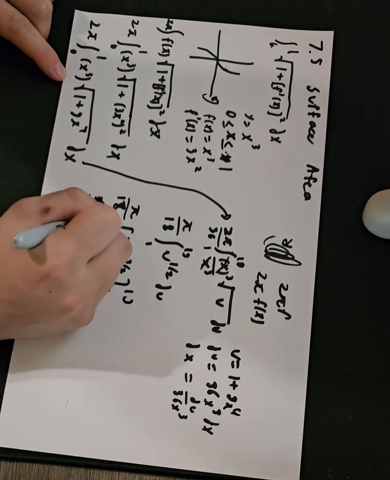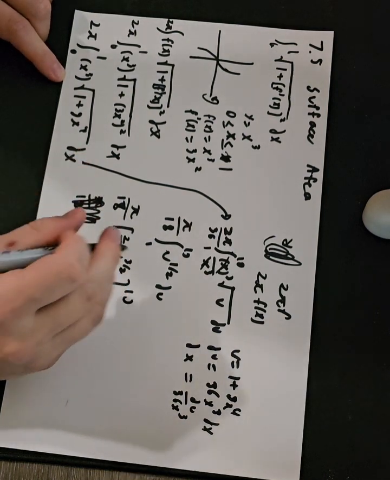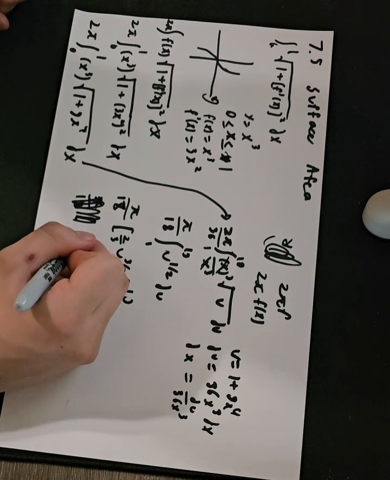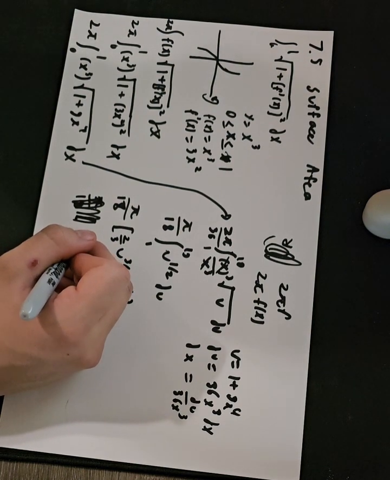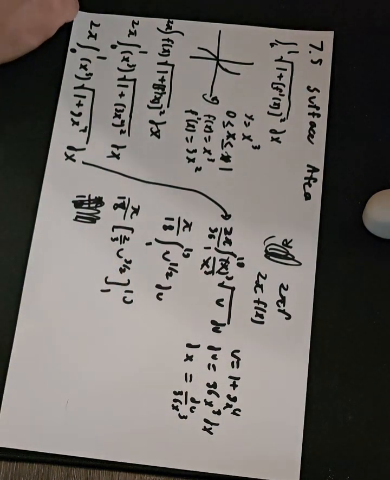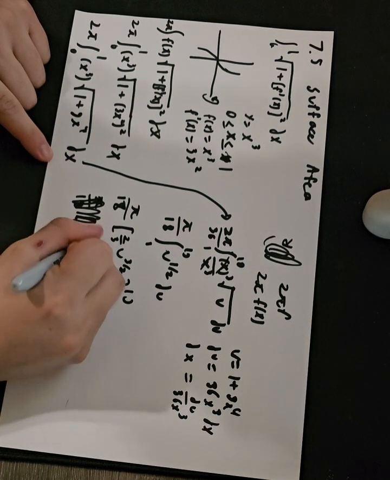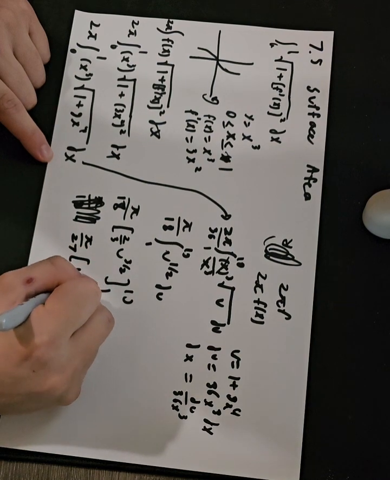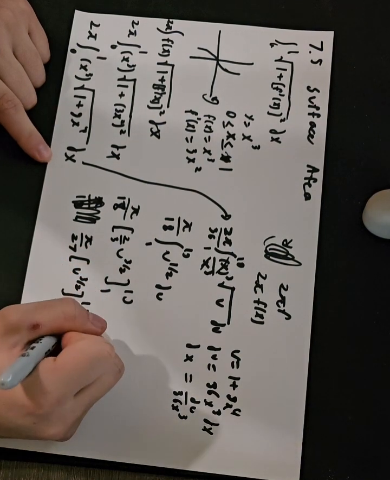Actually, make it pi over 18 times 2/3. That's going to be pi over 9, 9 times 3 is pi over 27. Let me check. Times 2/3. Yep, pi over 27 times u to the 3/2 evaluated from 1 to 10.